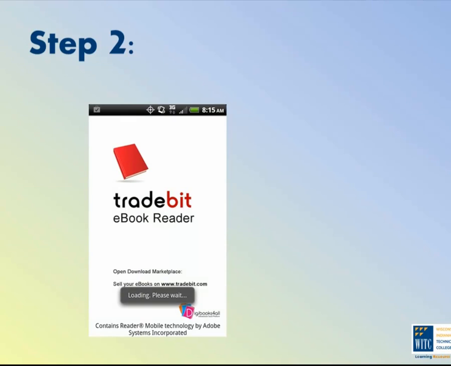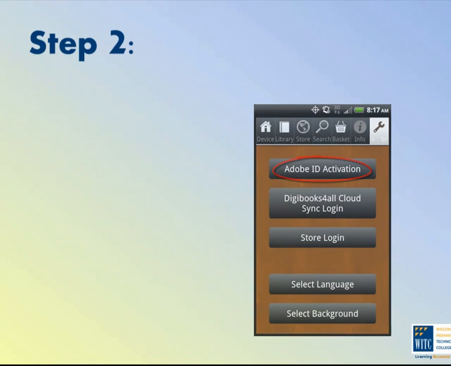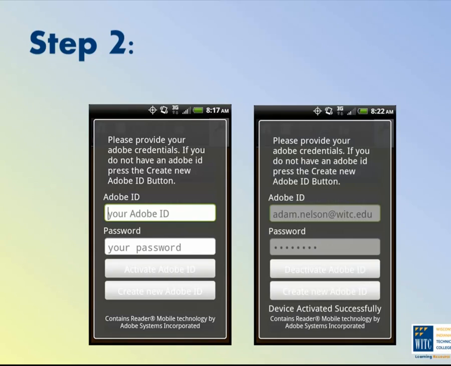So launch the TradeBit ebook reader. Go to the Settings tab and then click on Adobe ID Activation. Now once the screen opens, you put in your Adobe ID and password that you created on the Adobe webpage, and then click on Activate Device. If everything works correctly, it'll say device activated successfully.